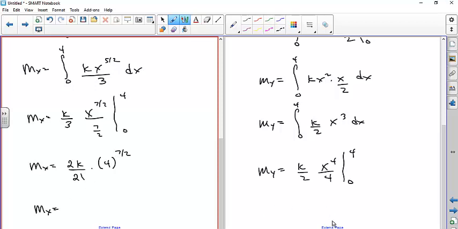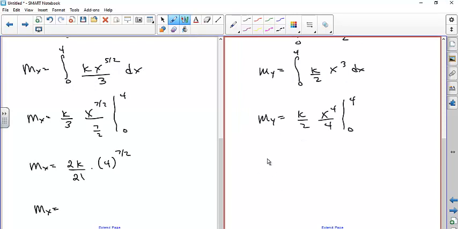Over here, we'll get k over 8, 4 to the 4th power. So 4 to the 7/2, take the square root of 4, it's 2. 2 to the 7th is 128. Is that right?